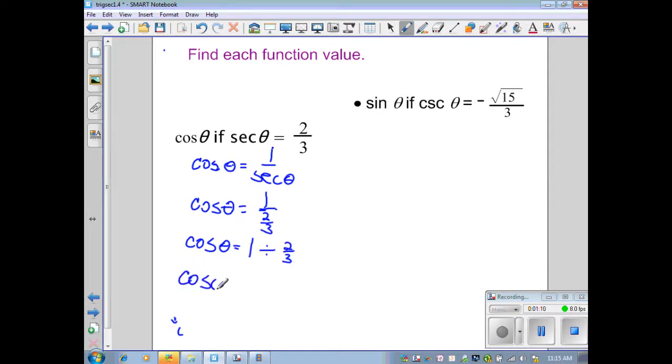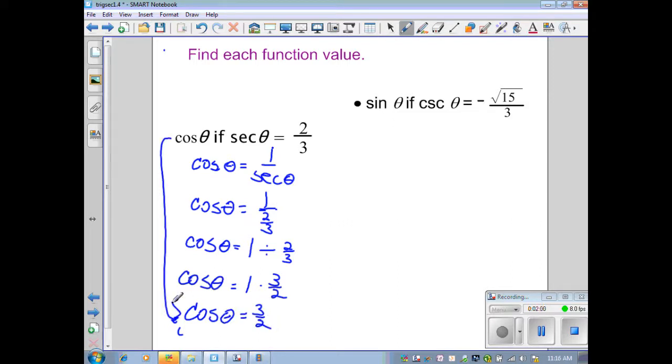Cosine theta is equal to 1 times 3 over 2. And cosine theta is equal to 3 over 2.